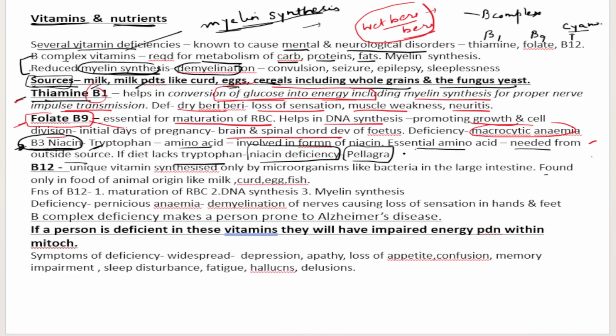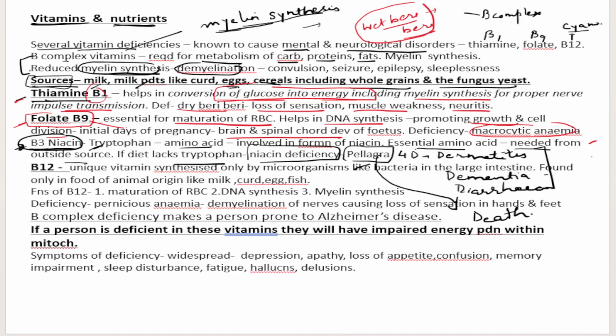And pellagra causes the 4D symptoms, that is dermatitis, which means rough skin, rashes on the skin, being hypersensitive to sunlight, then dementia, that is memory loss, diarrhea, and death. So these symptoms can occur because of deficiency of B3, and severe cases of deficiency can also result in death.